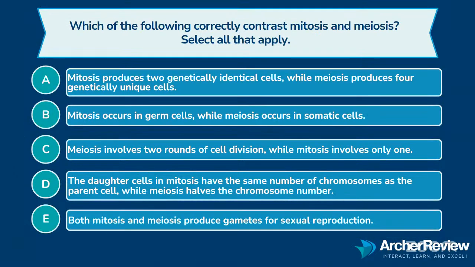Let's take a look. A, mitosis produces 2 genetically identical cells, while meiosis produces 4 genetically unique cells. Fully correct. Now, one way that I sillily remember this is that mitosis is making my toes. It's making my body cells.